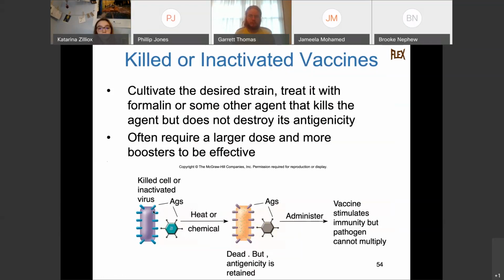Now we present it to a naive B cell, and the B cell says, yes, I've been waiting my whole life to find that little piece. Now that I found it, I can make antibodies to it. Great. And now I'm going to put that recipe in the card catalog. If it comes along again, I have the recipe, and I can make antibodies to that specific piece. If we ever come across it again, we can make antibodies within 24 to 48 hours. Right?